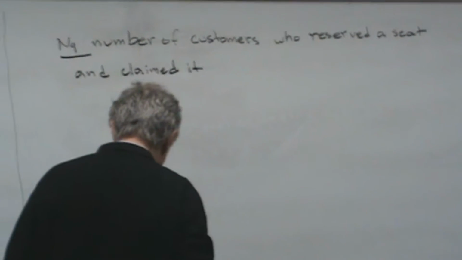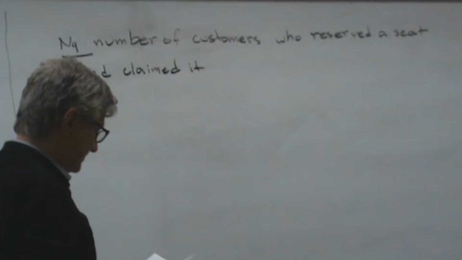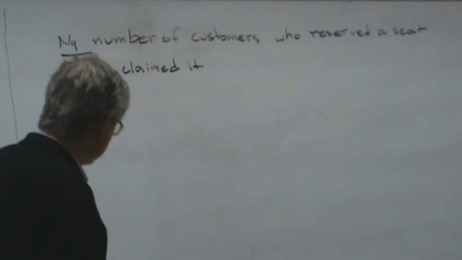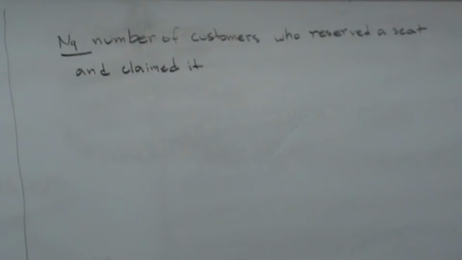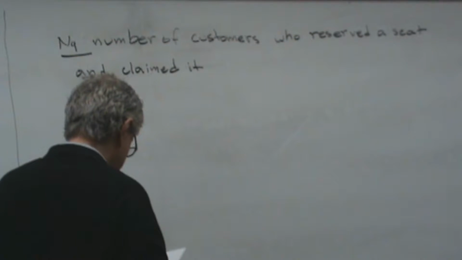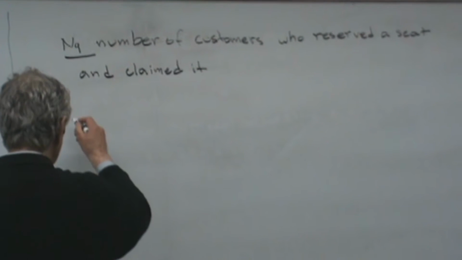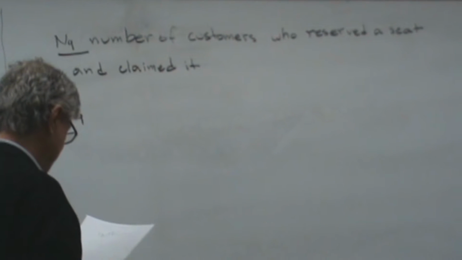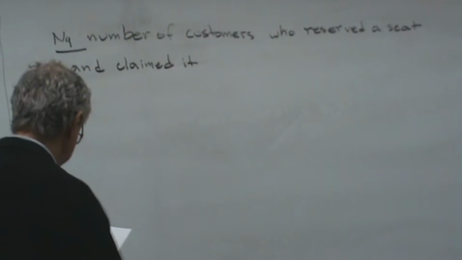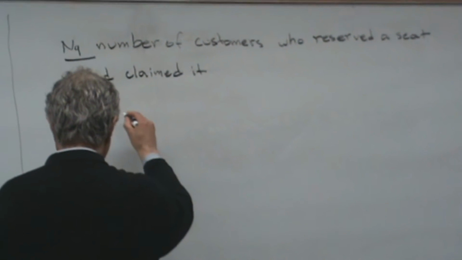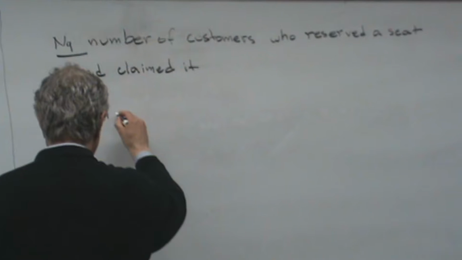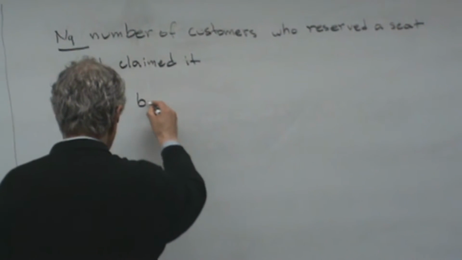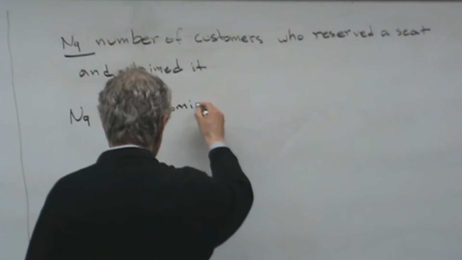And this number is actually less than the number of reservations because some customers don't show up and they don't pay any penalty. Okay. NQ, the number of customers who reserved the seat and claimed it, follows the binomial distribution. So it is binomially distributed.